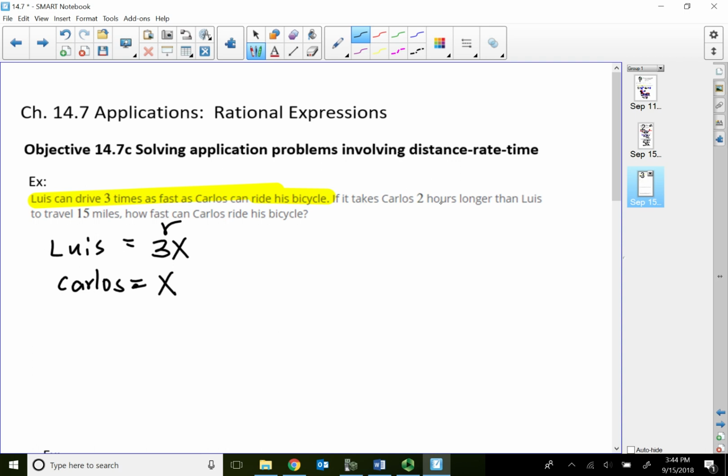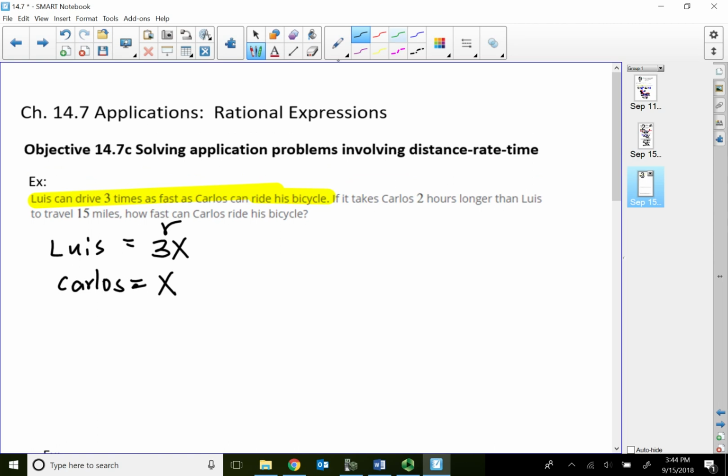If it takes Carlos 2 hours longer than Luis to travel 15 miles, how fast can Carlos ride his bike? All right, here we go. What does it mean that it takes Carlos 2 hours longer than Luis?